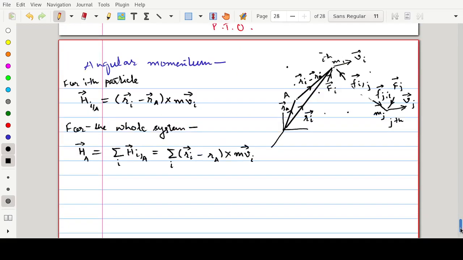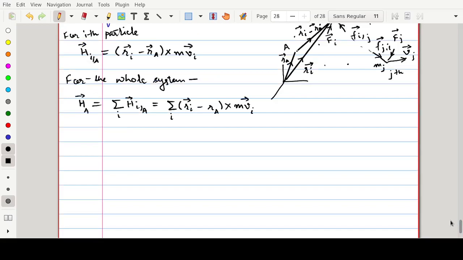Now we want to relate the rate of change of angular momentum to the net moment applied to the system. So we are interested in taking time derivative of this.